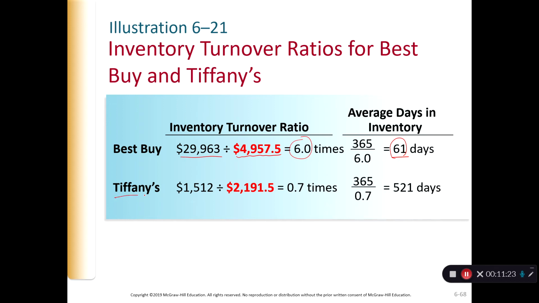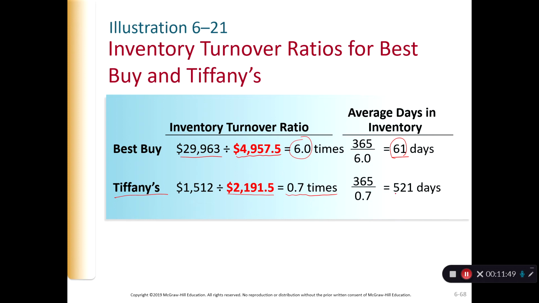However, when you look at Tiffany, which is a jewelry store, their sales revenue is 1,512. I believe this is in millions, okay? And then dividing by the average inventory on hand, their inventory turnover is only 0.7, so only 70% of the inventory can be sold over the year.